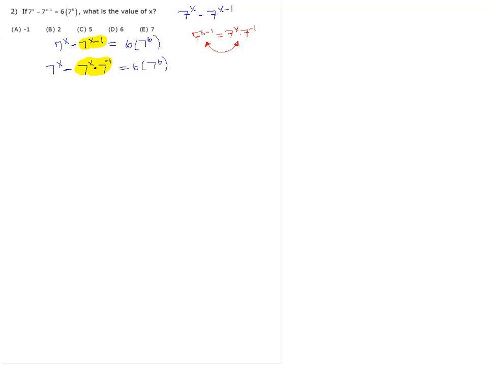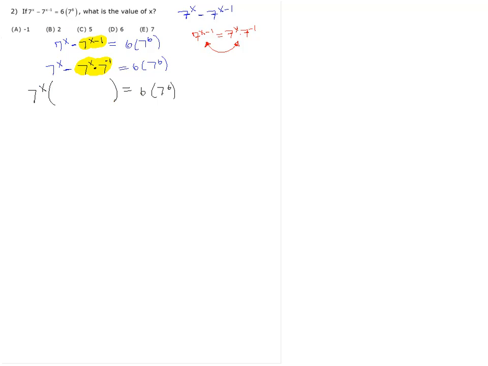So what that means is I am going to now pull 7 to the x out of that equation on the left-hand side. Now watch carefully, because if you're not used to this, it's going to be slightly confusing. When I pull 7 to the x out, I'm going to immediately put in some parentheses so I can visually see what's going to be left after that 7 to the x comes out.